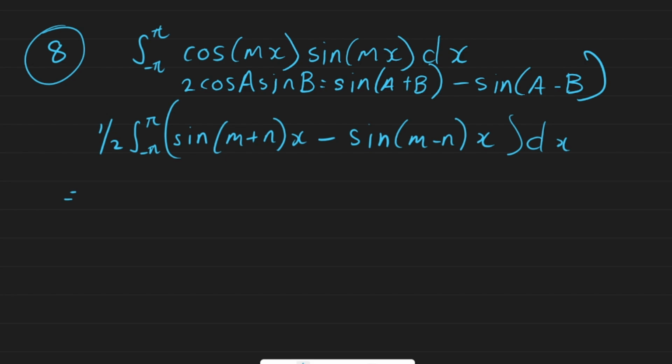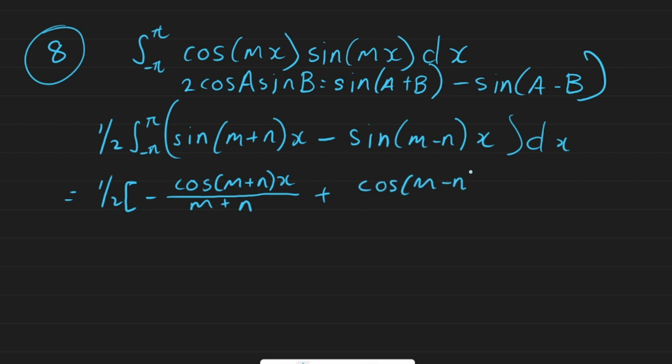So performing this integration, what we get is a half into minus cos of m plus n x divided by m plus n, plus, integral of minus sine is cos, that's why we write a plus here, cos of m minus n x divided by m minus n.